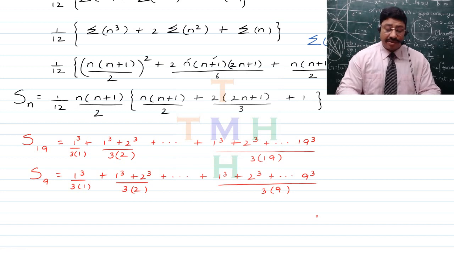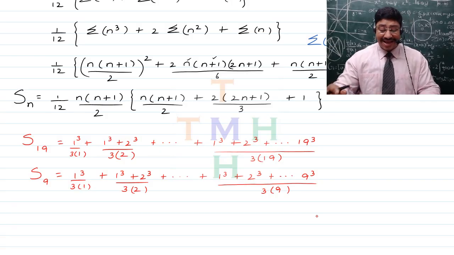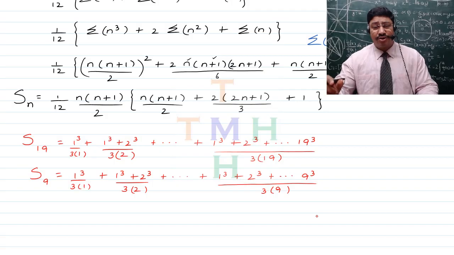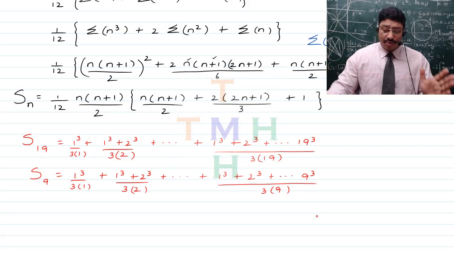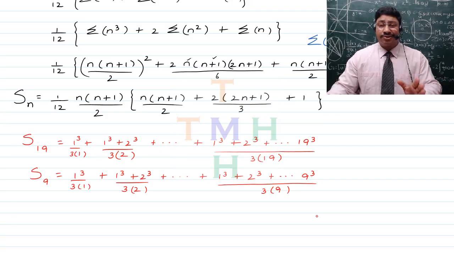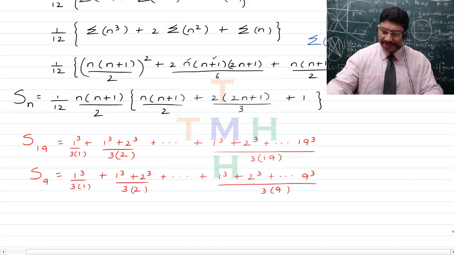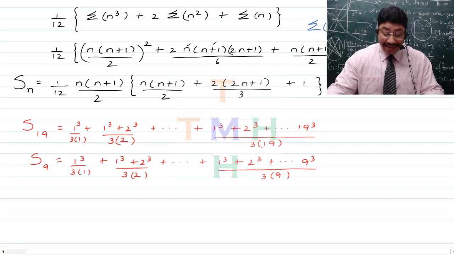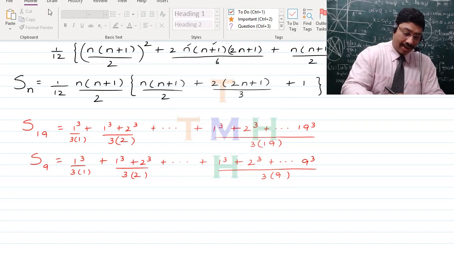And if from the above series we subtract this, won't we start getting the terms from 1 cube plus 2 cube and so on up to 10 cube divided by 3 times 10, as we required, and then it will go on up to 1 cube plus 2 cube and so on up to 19 cube divided by 3 times 19? That means the terms which are common will get cancelled. So this is what we are going to do in order to get to this sum that we require, right?